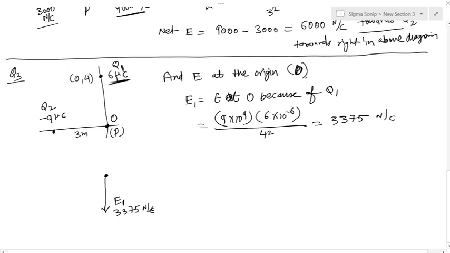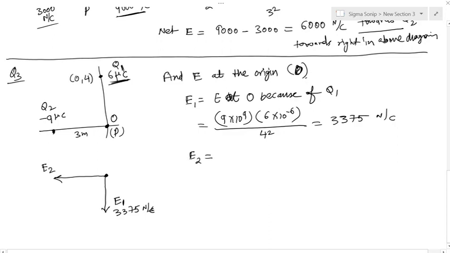Now let's consider the charge Q2. Because of charge Q2, we have an electric field intensity at O. Charge Q2 is negative, which means the electric field intensity will be towards the negative charge, which means at O the electric field intensity will be like this. Let's call it E2.